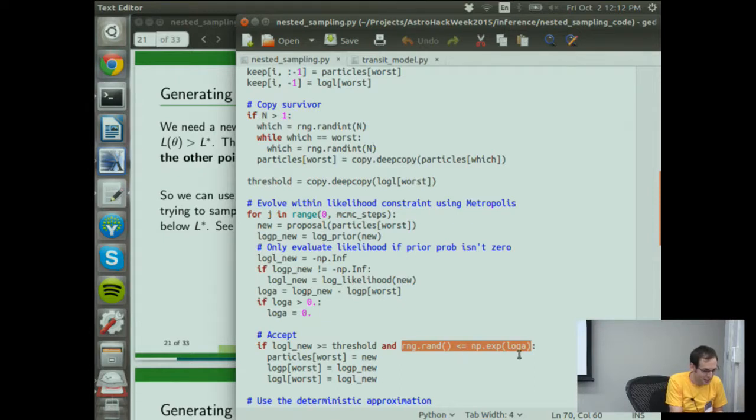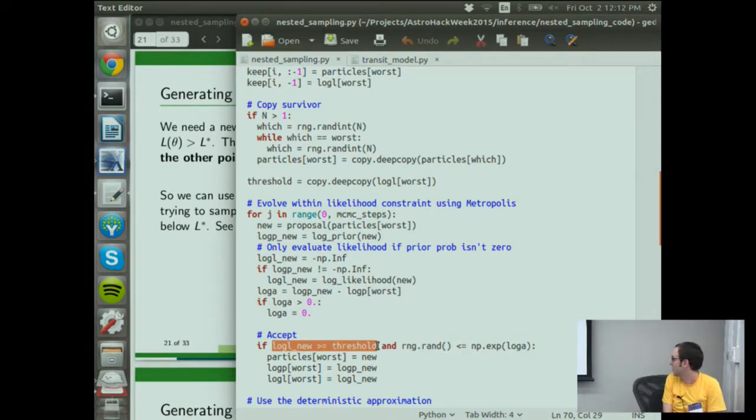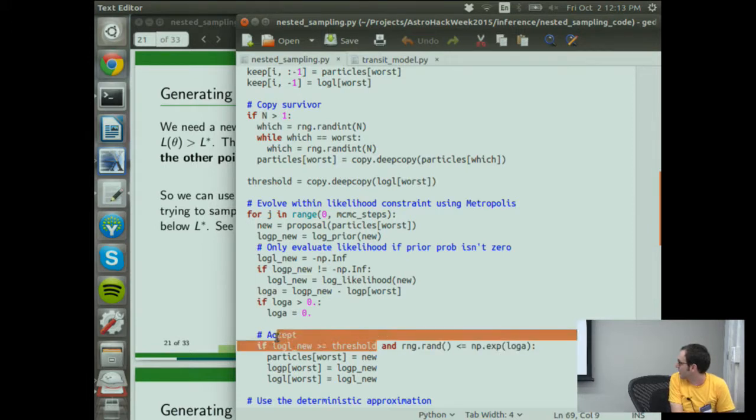So it's log A is log P new, the proposed value of the log prior, minus the current value of the log prior. And then there's an extra condition that the log likelihood has to be above the threshold. So this part looks like the standard Metropolis-Hastings, but without any likelihood in it, just the prior, and then there's the hard threshold of log likelihood. And then if that's true, you accept.